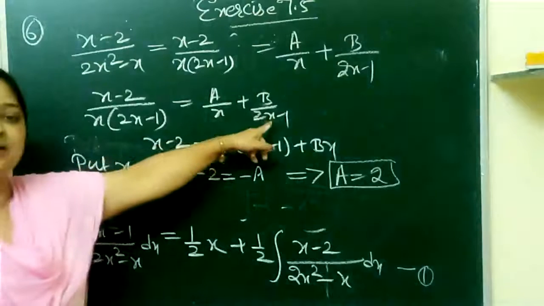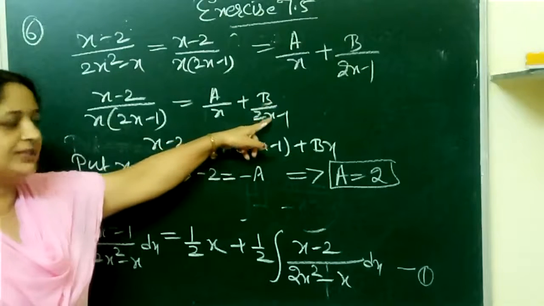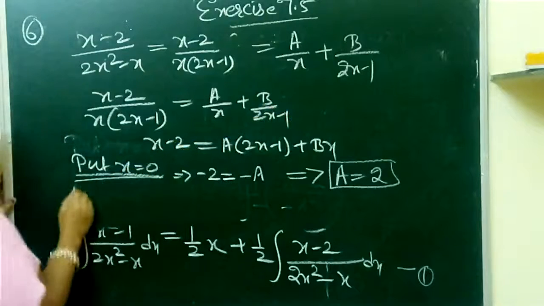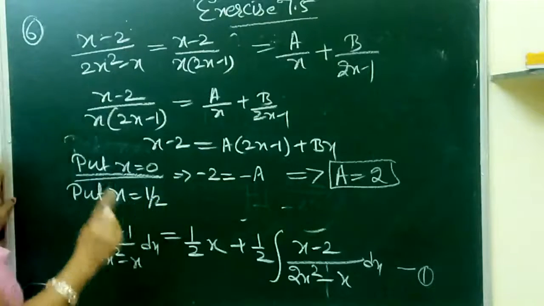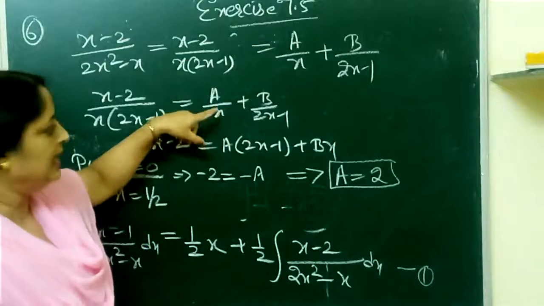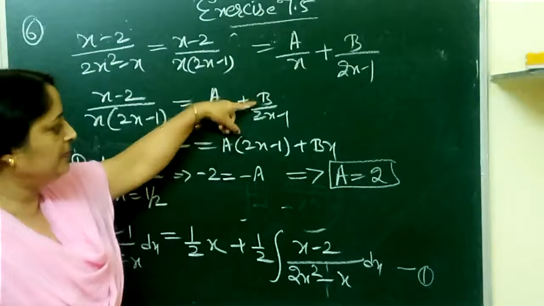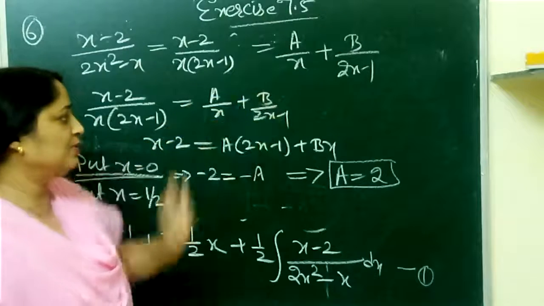Similarly, we will find the value of b. When we put 2x minus 1 equal to 0, x is equal to half. So put x equal to half here. Yesterday I told you, for finding the value of a we put x equal to 0, and for finding the value of b, 2x minus 1 equal to 0, then x equal to half will come.